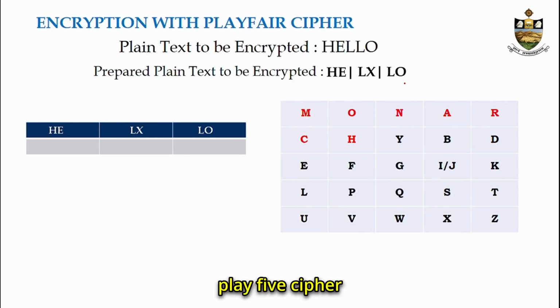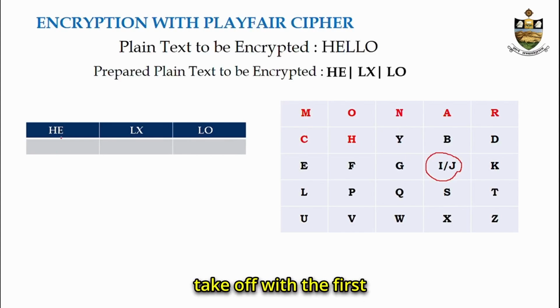The Playfair Cipher technique uses a 5 by 5 matrix, which is an arrangement of the 26 alphabet characters, with I and J sharing one cell. The remaining letters are placed in the 5 by 5 matrix.